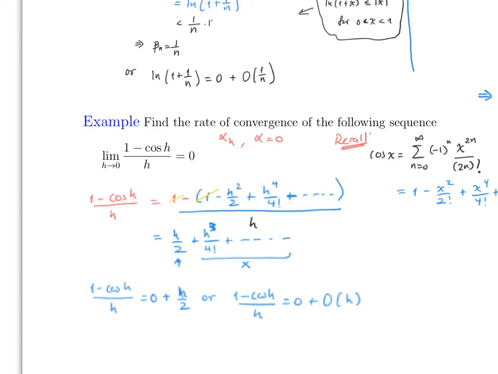So for problems involving sine and cosine or even tangent inverse, e to the x, it's better to use the Taylor expansion to try to figure out the rate of convergence. So you have a few of those on the homework, so you should try to do it this way, because it's not that obvious to just use the inequalities.